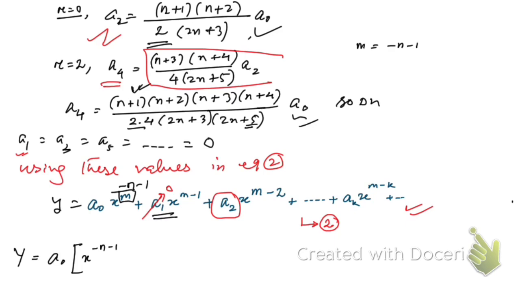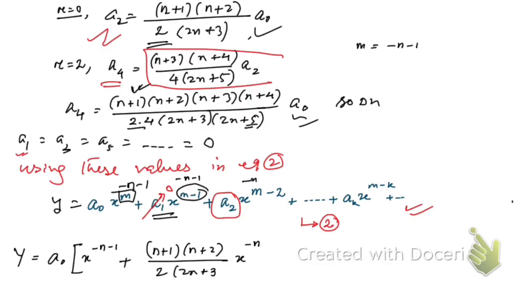Then this term is 0. Then plus a2, which is equal to n plus 1 into n plus 2 by 2 into twice n plus 3, then x to the power minus n minus 3, right?